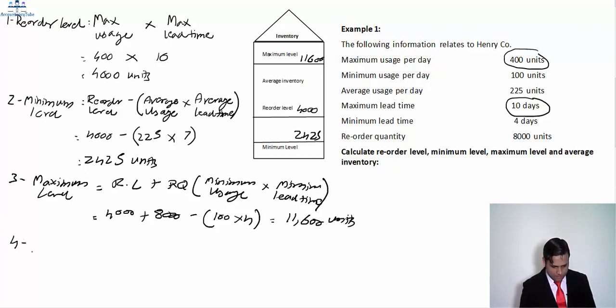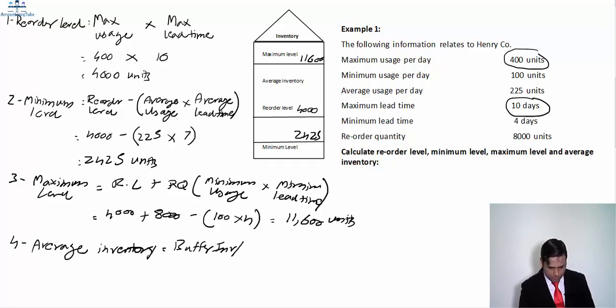Then we have average inventory. The formula for this is buffer or safety inventory, or minimum level.